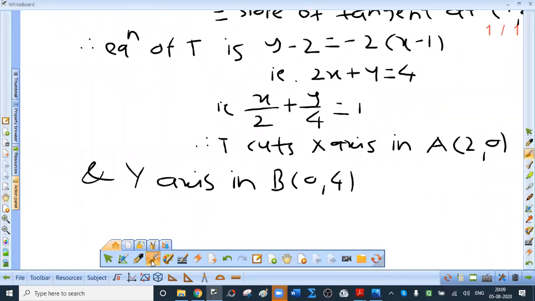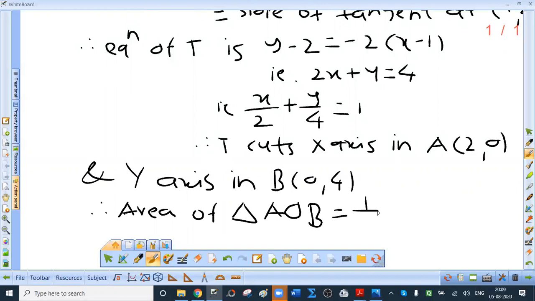Therefore, required area of triangle AOB, where O is origin, is half base into height. In fact, this is a right angle triangle, right?